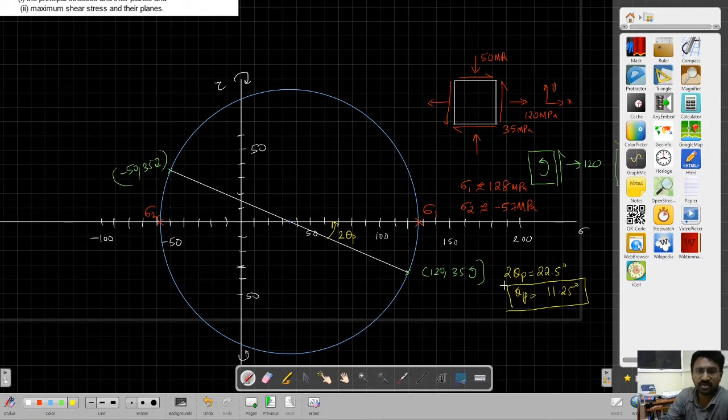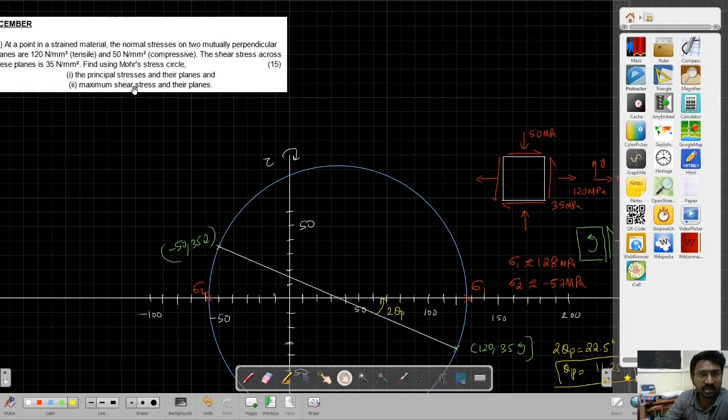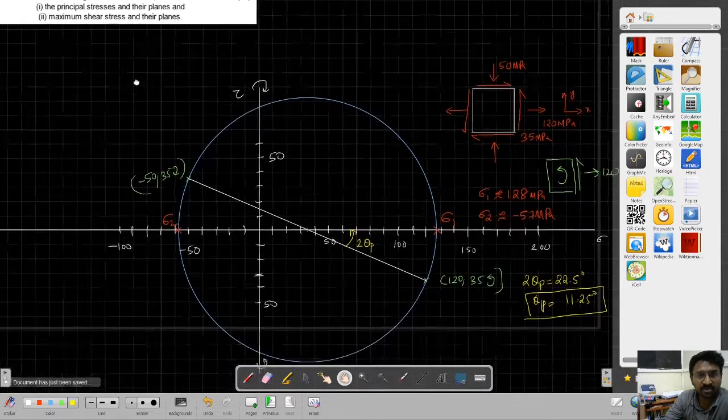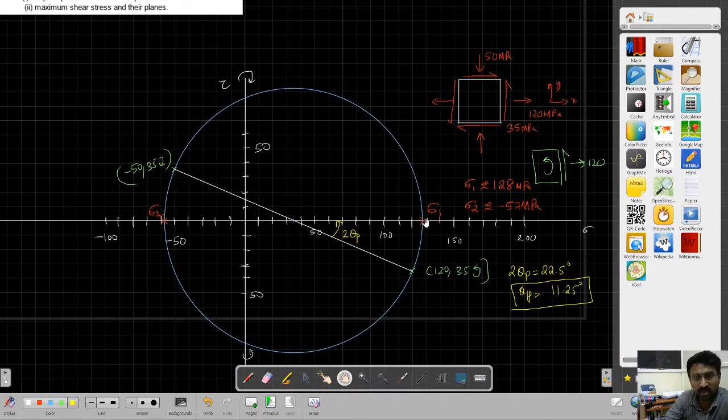So the first part is over, the second part is over. Now what about the third part? In the third part, they are asking for the principal planes. There are 2 possible principal planes. One is up to this point, and then we can also measure this one, which is another principal plane, 2 theta p2. To get this value, either you use a protractor or you simply add. Any angle in the Mohr circle is double the angle in the real scenario.